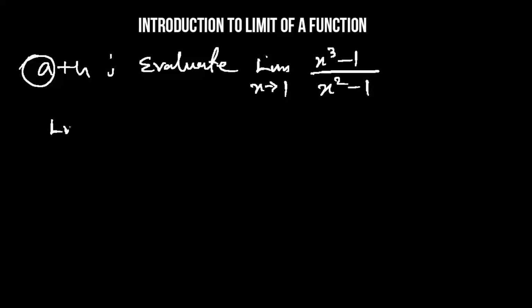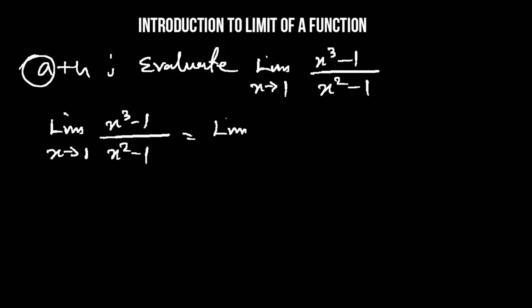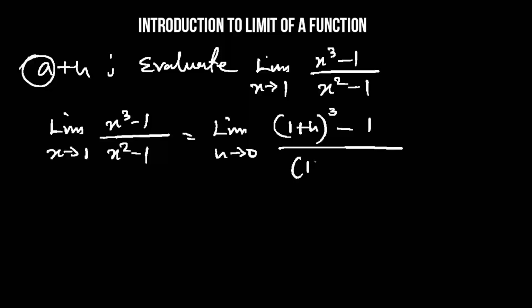We say the limit as x tends to 1 of x cubed minus 1 divided by x squared minus 1 is equal to the limit as h tends to 0 of, in brackets, remember x is tending to 1 here, right? So the a is going to become 1. So we have 1 plus h raised to power of 3, minus 1, divided by 1 plus h raised to power of 2, minus 1.